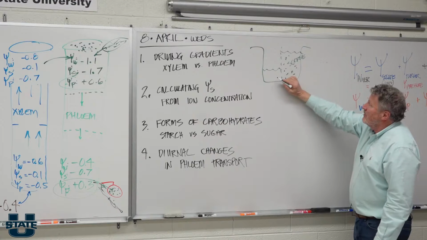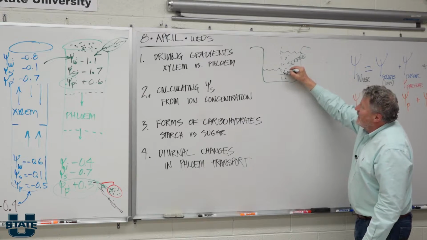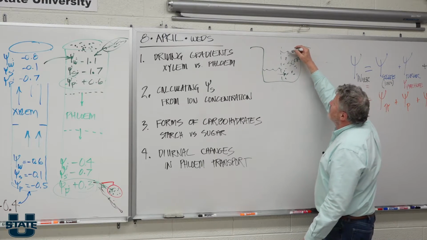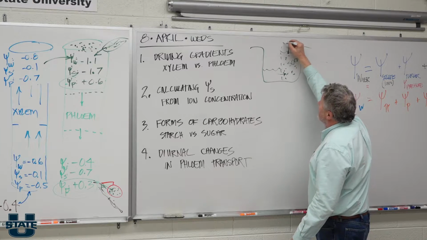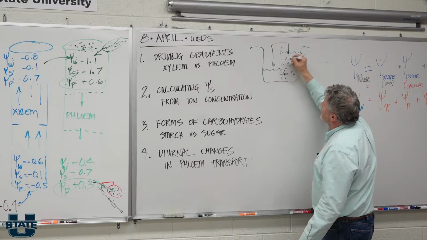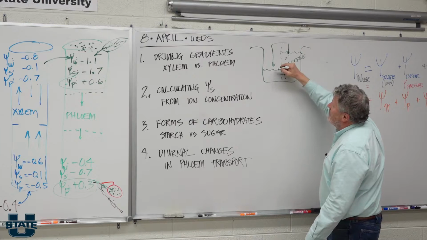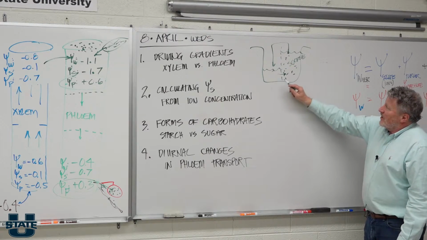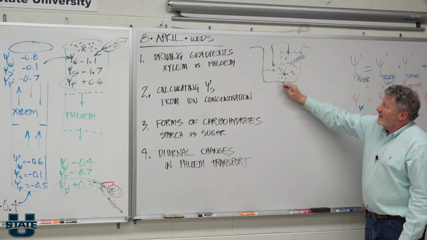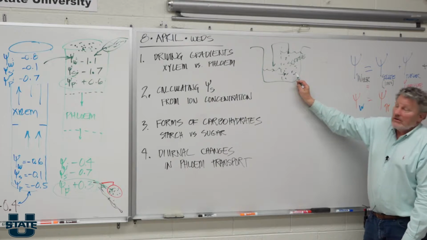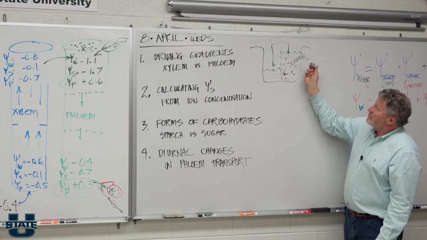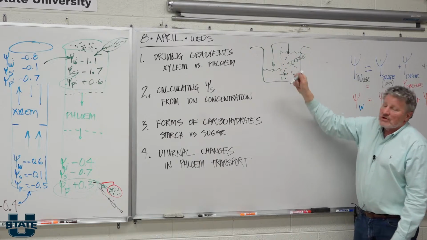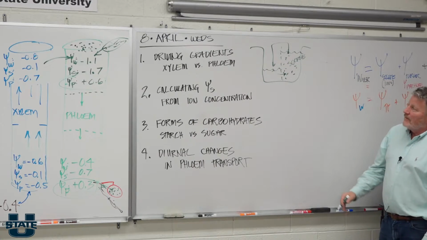This is what's going to happen. It's going to move over here. Guess what? If we have a little tube right here, it's going to flow in the phloem back over on this side. So this little diagram right here shows water in non-living tissue going downhill, and yet there's a positive turgor pressure that can push it back the other way.